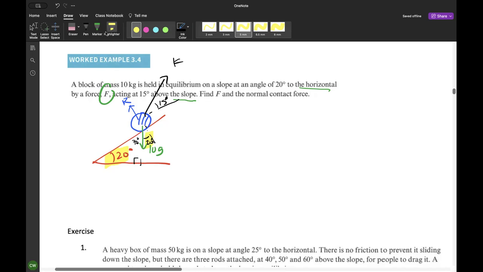After that, you have to resolve the forces in two directions. You can resolve parallel to the slope. Then F cos 15 is balanced by 10g sin 20.